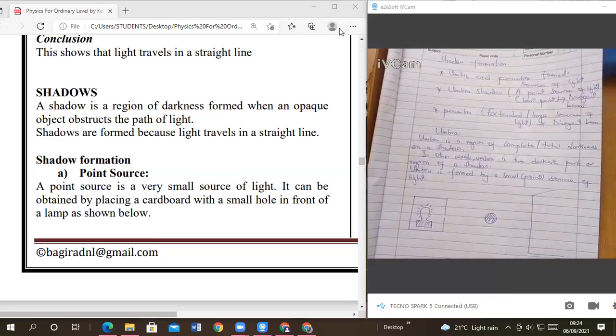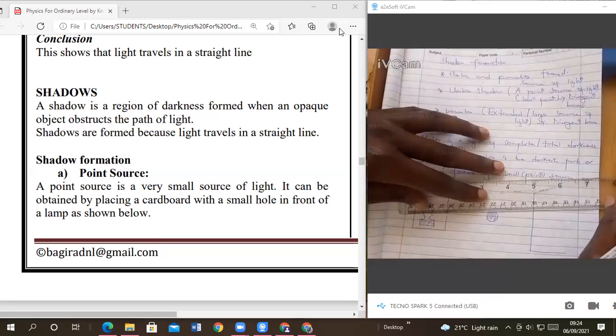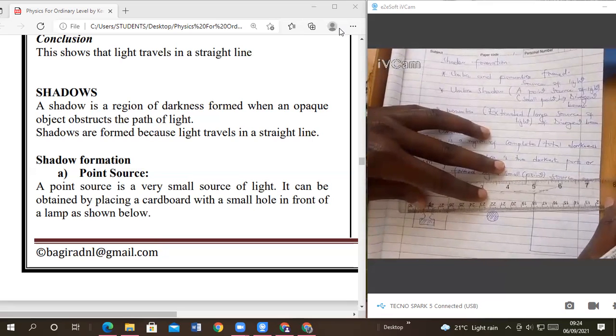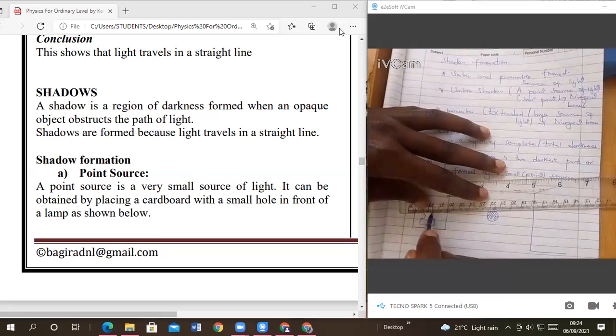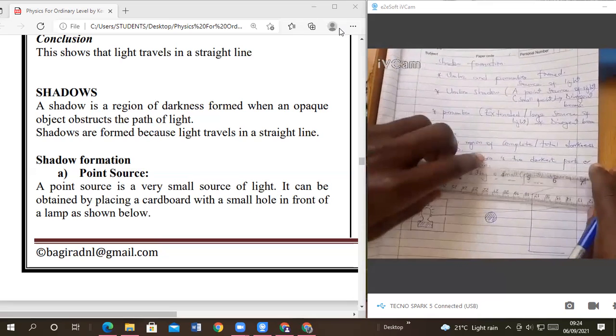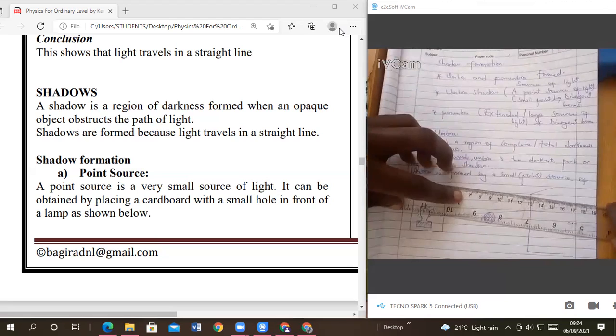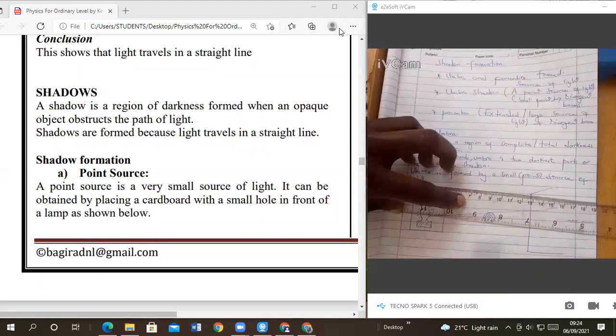Now when you come to drawing the rays, remember we said there must be a divergent source of light, not so? They must produce a divergent beam. So we draw it like that. Members, are you seeing that? Then we pick another one from there. It's coming from a point source of light.